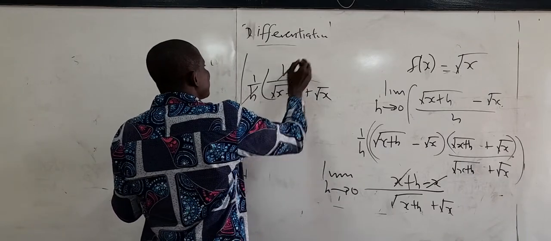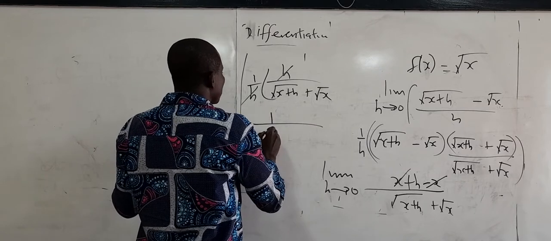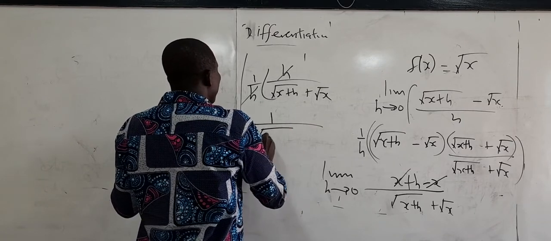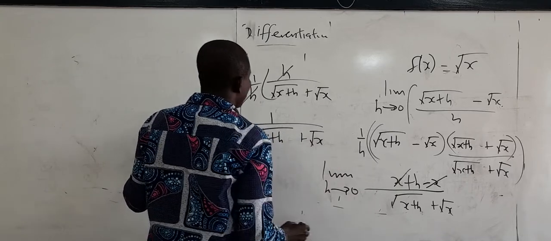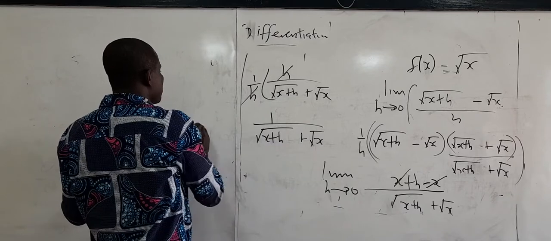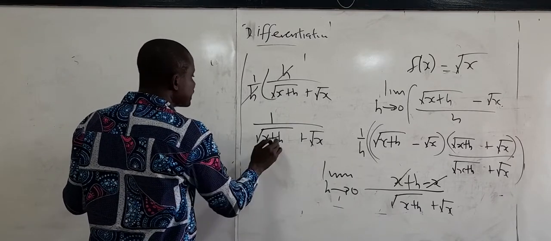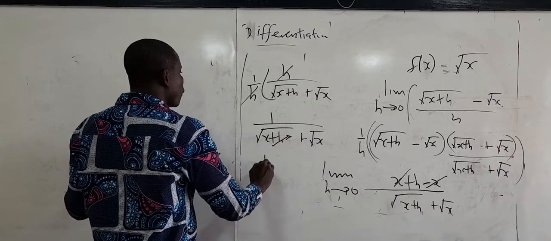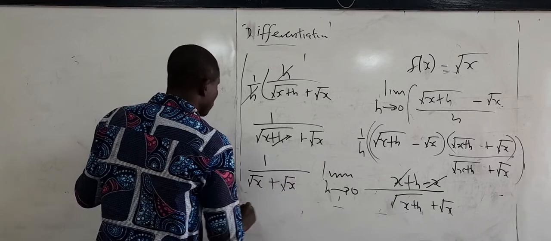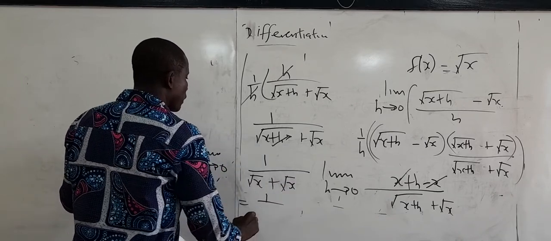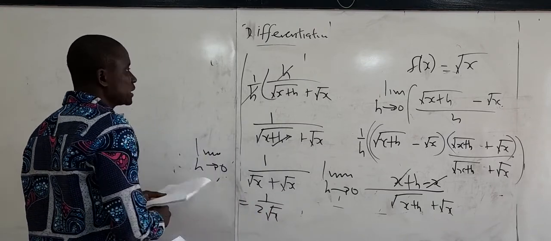Now as h approaches 0, this h will go to 0, so we are left with 1 over root x plus root x, which is equal to 1 over 2 root x. 1 over 2 root x is the answer.